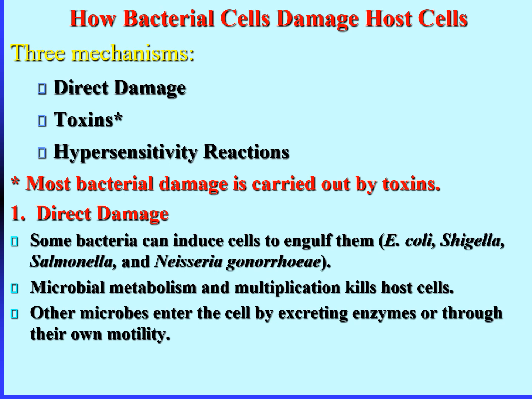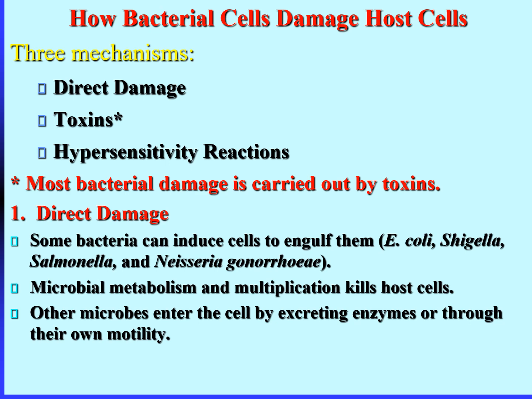After the bacteria penetrate the host cells, how do bacterial cells damage the host cells? By three mechanisms: either direct damage, or the bacteria produce toxins, or hypersensitivity reactions. Note, most bacterial damage is carried out by toxins.